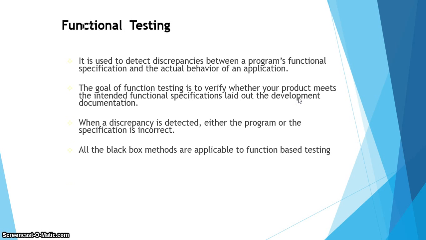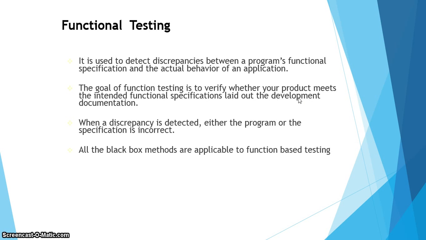Now we say functional testing, the third step, which is functional or system testing. So here we try to detect any defects or discrepancies against the functional specification of the application, and you analyze the actual behavior of the application. So here our main goal or intention is to ensure that the product meets the intended functional specs which were laid out in the initial phases of the project.